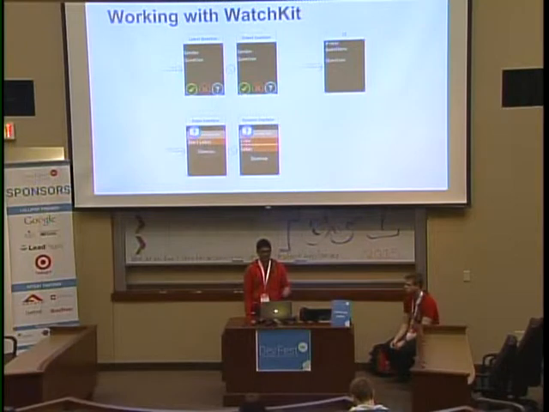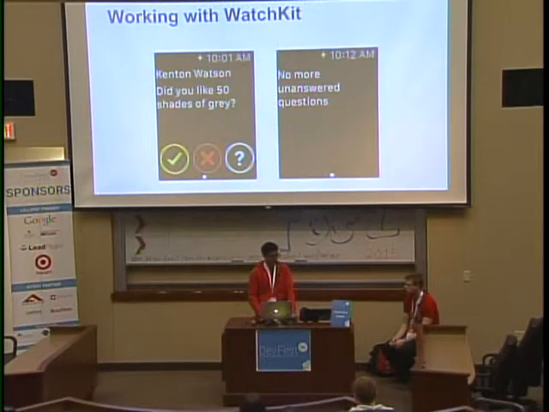So you could have very different interfaces for different types of notifications that come in. And the last one is the glance, which I'll get to a little bit later. We actually, after building one out, decided that that might not be suitable for YesNoMaybe.